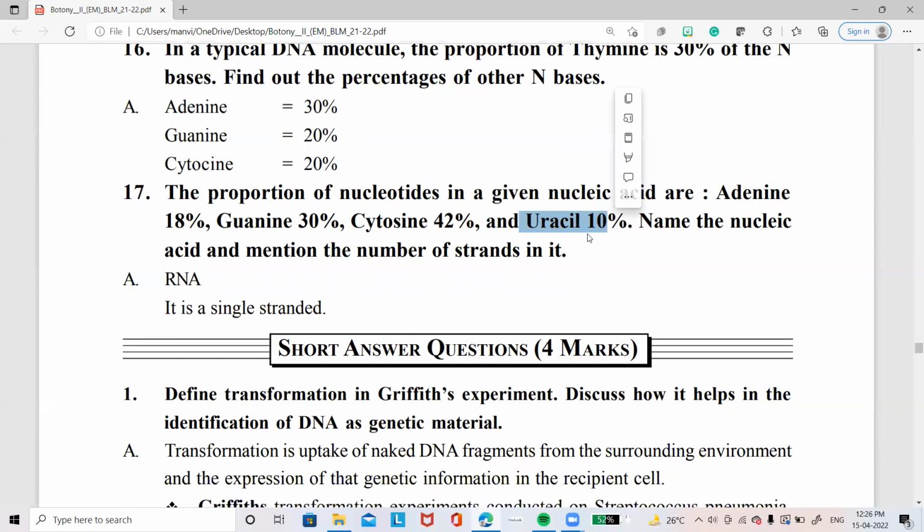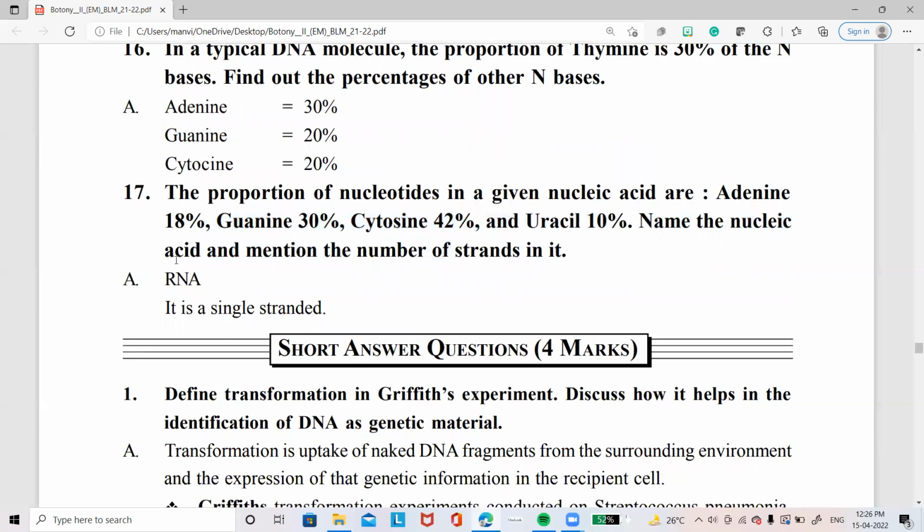Immediately we can recognize that it is RNA, because in DNA thymine is present and in RNA uracil is present in the place of thymine. And moreover, guanine does not equal cytosine. So it is definitely not DNA, it is RNA, and it is single stranded because they are not equal.